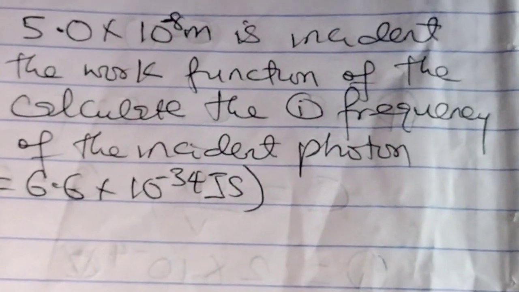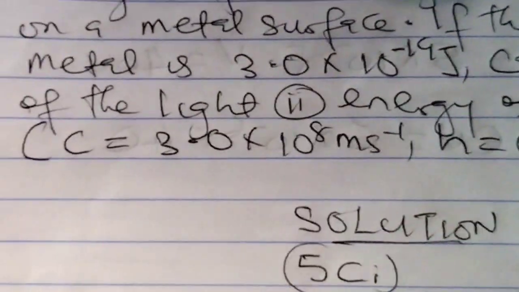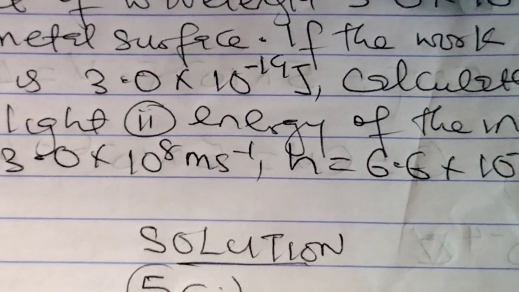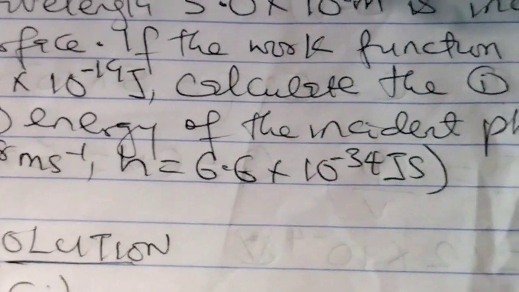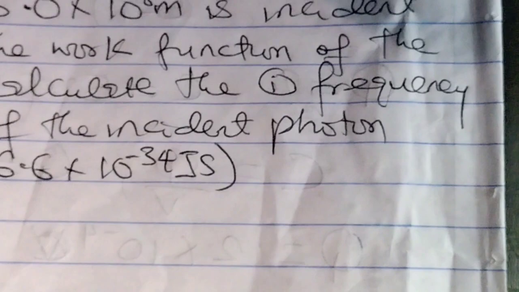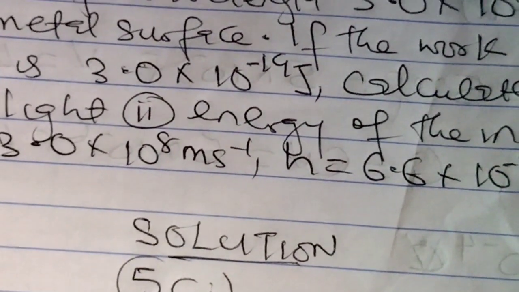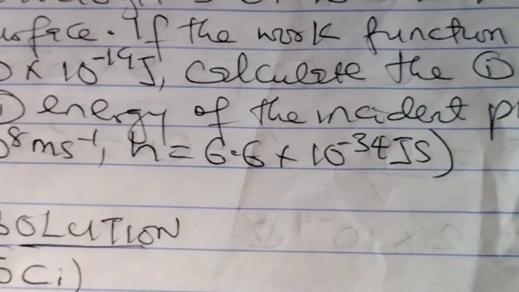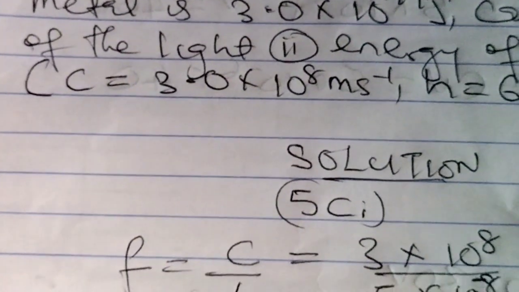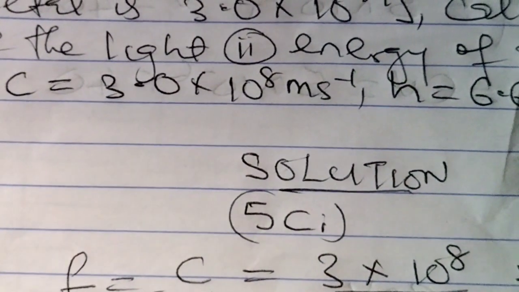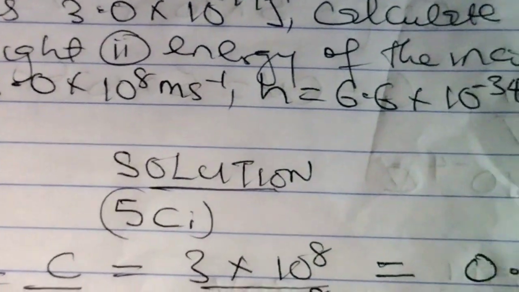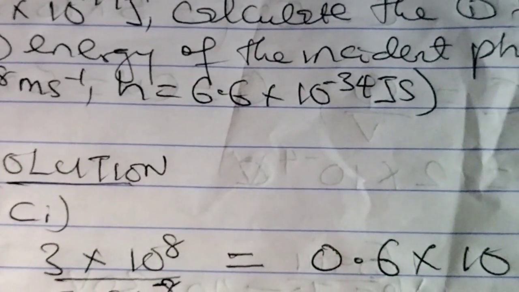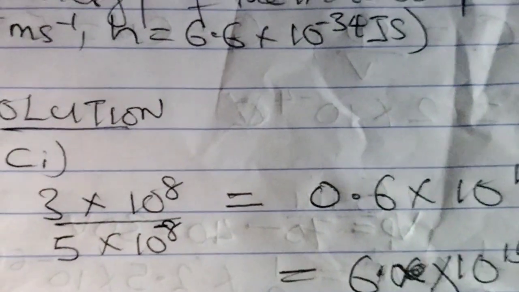If the work function of the metal is 3.0 times 10 to the power minus 19 joules, calculate (I) the frequency of the light, or (II) the energy of the incident photon. Bracket, take the speed of radiation C as 3.0 times 10 to the power 8 meters per second, H, the Planck constant, as 6.6 times 10 to the power minus 34 joule second.